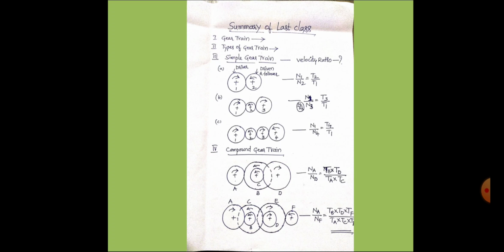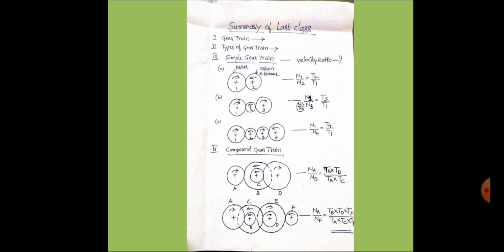Now you see, in a compound gear train, the overall objective here is to find the velocity ratio. If you find the velocity ratio, then I will come to know the speed of any given, any unknown shaft, right?